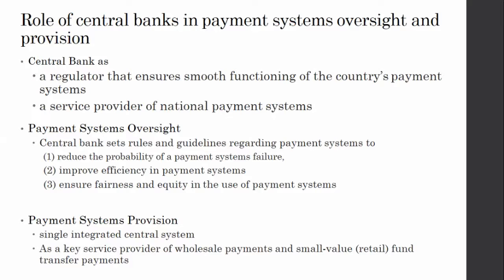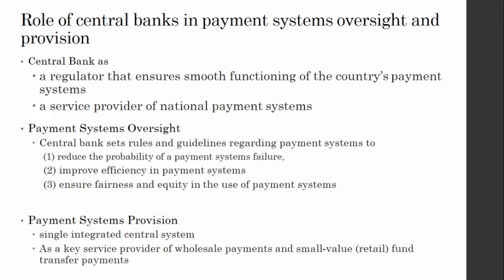But at present, instead of simply clearing the funds for commercial banks, the central bank now takes on a more active role in the national payment system. So in the national payment system, basically the central bank interferes in two ways. In the payment system oversight and provision function, the central bank plays two roles.